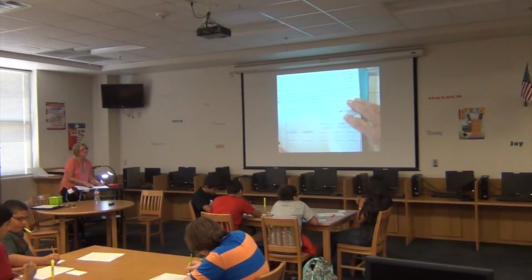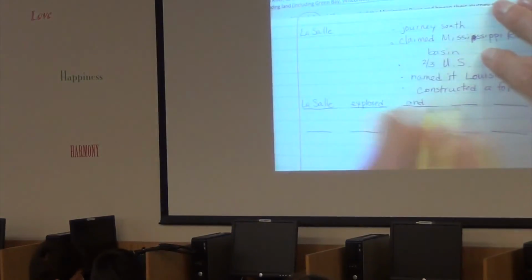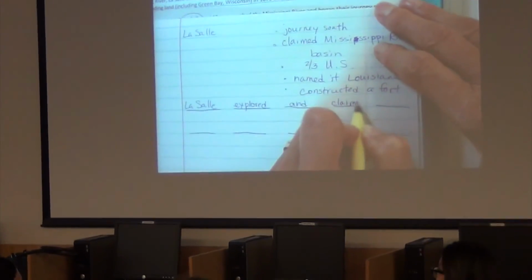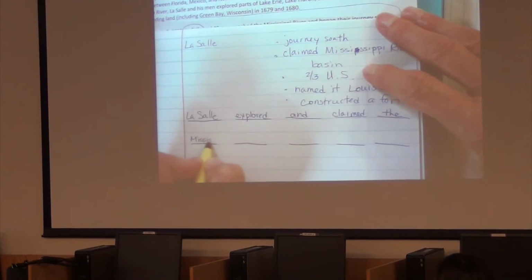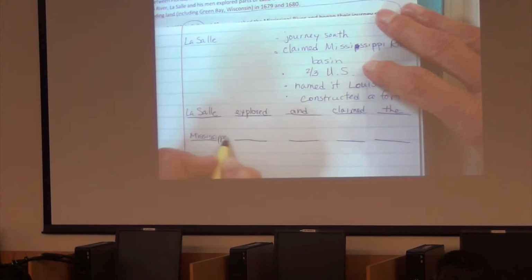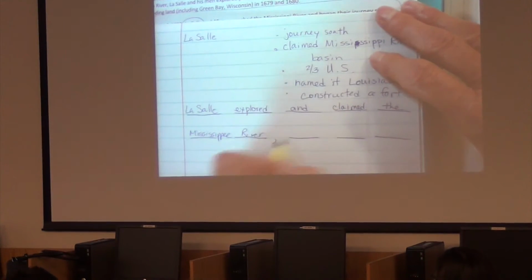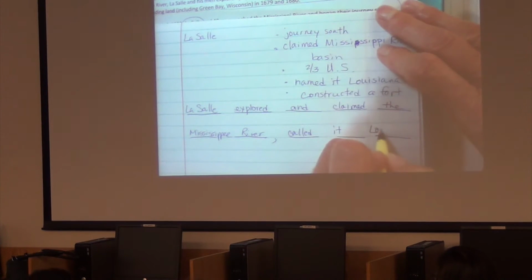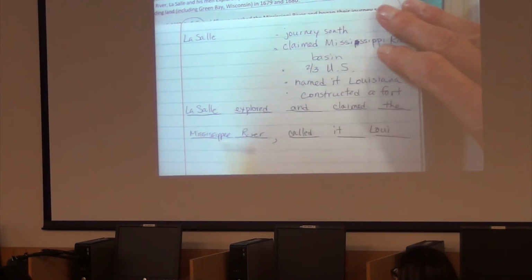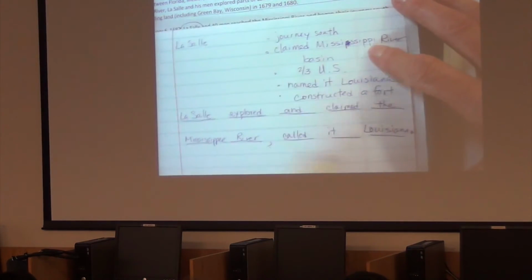LaSalle explored and claimed Mississippi River and named it Louisiana. Called it Louisiana. I couldn't say your and part there because that would have made it 11 words. So I had to put a comma in there, but it's still a whole sentence, and it gets a lot of good information.